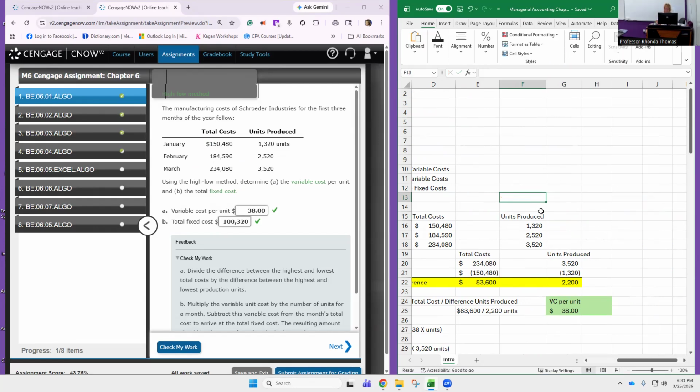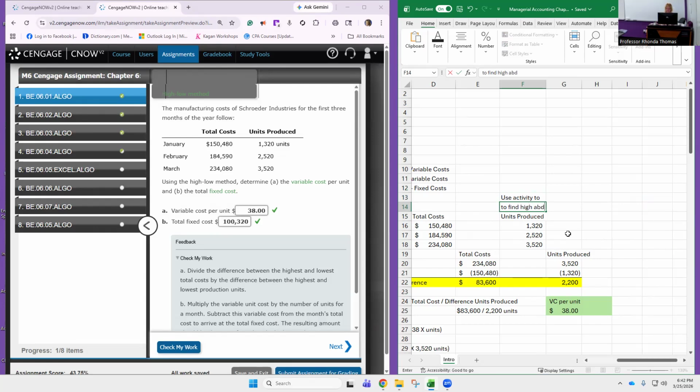Use activity to pick high and low. Okay, don't concern yourself with the dollar amount. Just look at the activity. Use activity to find high and low.